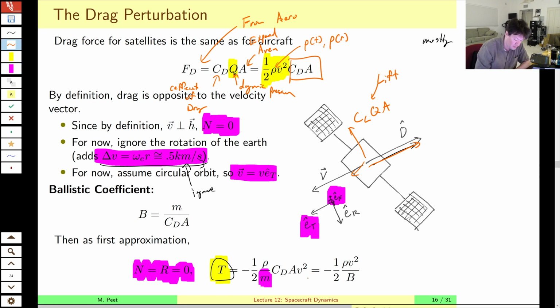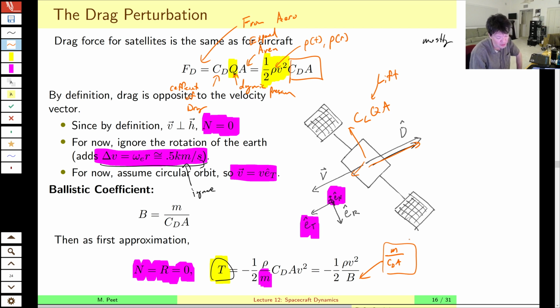And in here we've replaced the CD A over m with this ballistic coefficient. So not because we're shooting things, but because basically we're going ballistic at this point. Not out of anger, but because we are just ballistic. So this is the expression for ballistic coefficient.